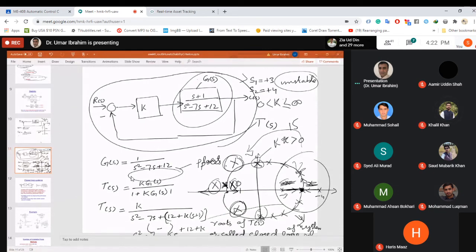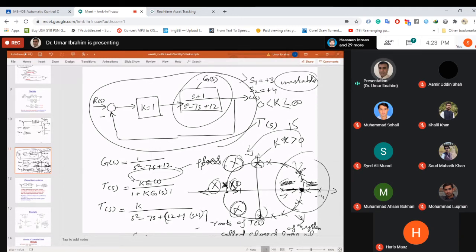No, sir. You actually can, but you will have to do thousands of calculations. First, you put K equal to 1 and solve this polynomial for roots. When you solve it, you will get some values of the closed loop poles.